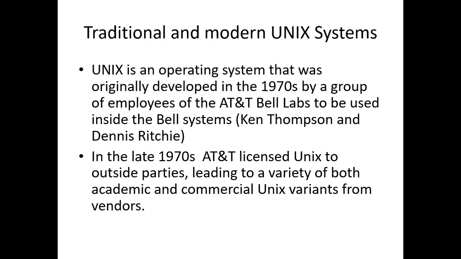And it was developed by Ken Thompson and then Dennis Ritchie. In the late 1970s, what they did was, they started giving out licenses so that other companies and other parties could actually start using Unix, instead of it just being used in the Bell Systems. Okay.